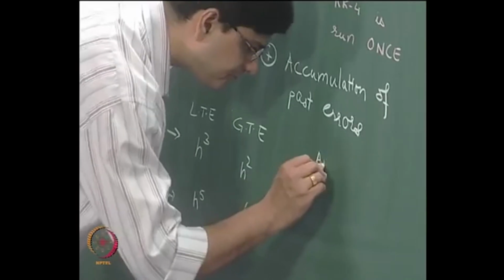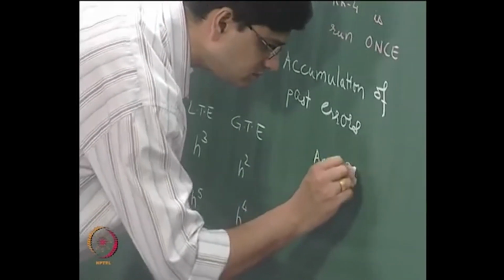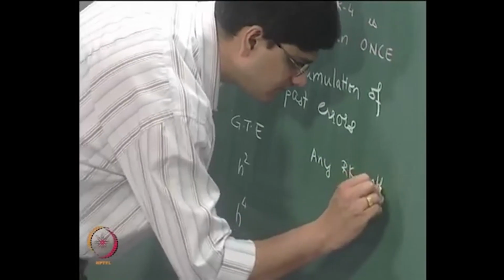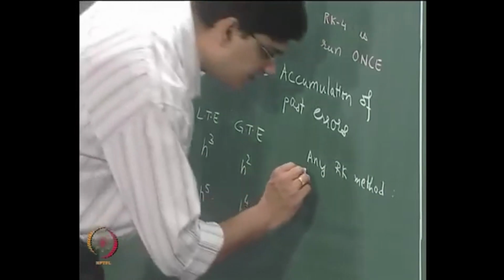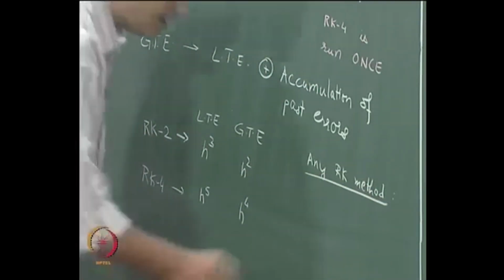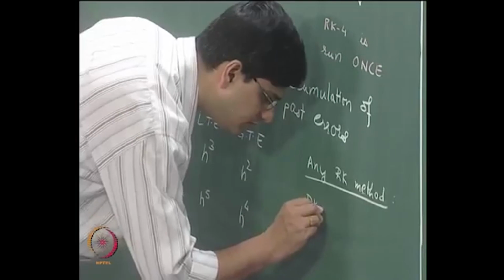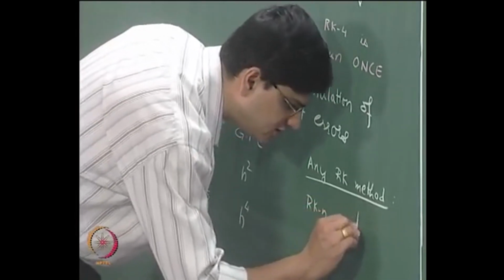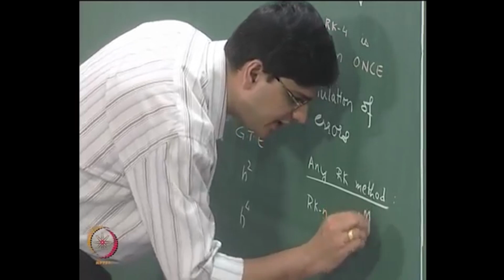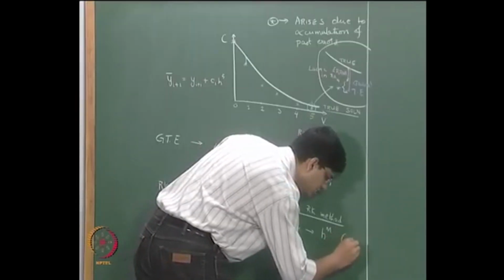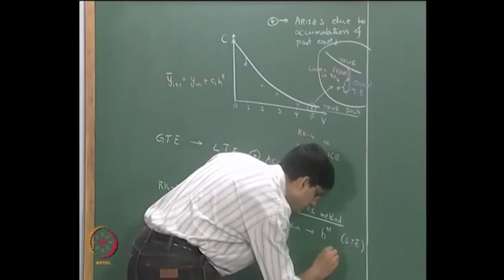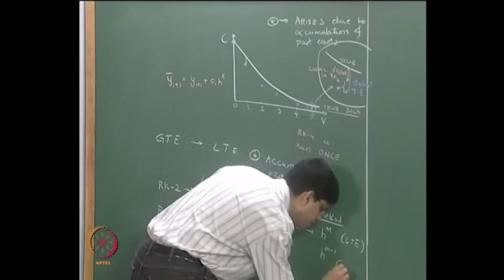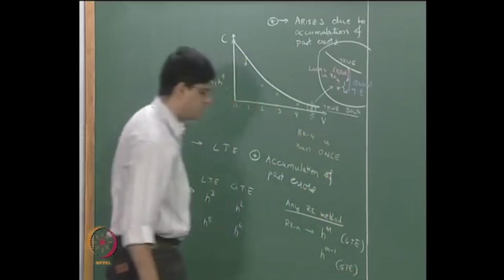So for any RK method, what we actually get is, for an RKN method, if the accuracy is h to the power m in the local truncation error, then the accuracy is going to be h to the power m minus 1 in terms of global truncation error.